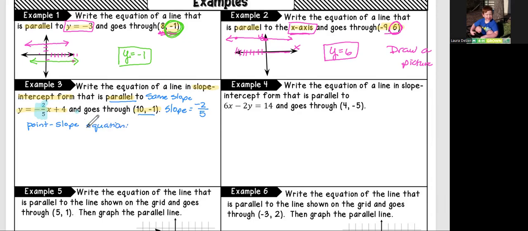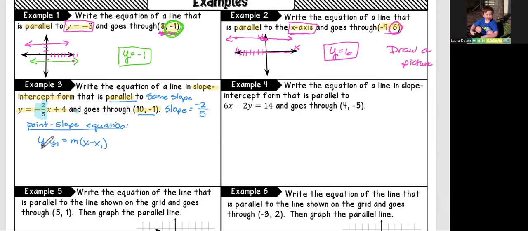And I write my point slope equation over and over again because it's just good for you to make sure that you know your equations and that you feel comfortable with them. And so, y minus y1 equals m times x minus x1. Okay, I've identified the equation I need and then I wrote it down and now I'm going to plug in my values.